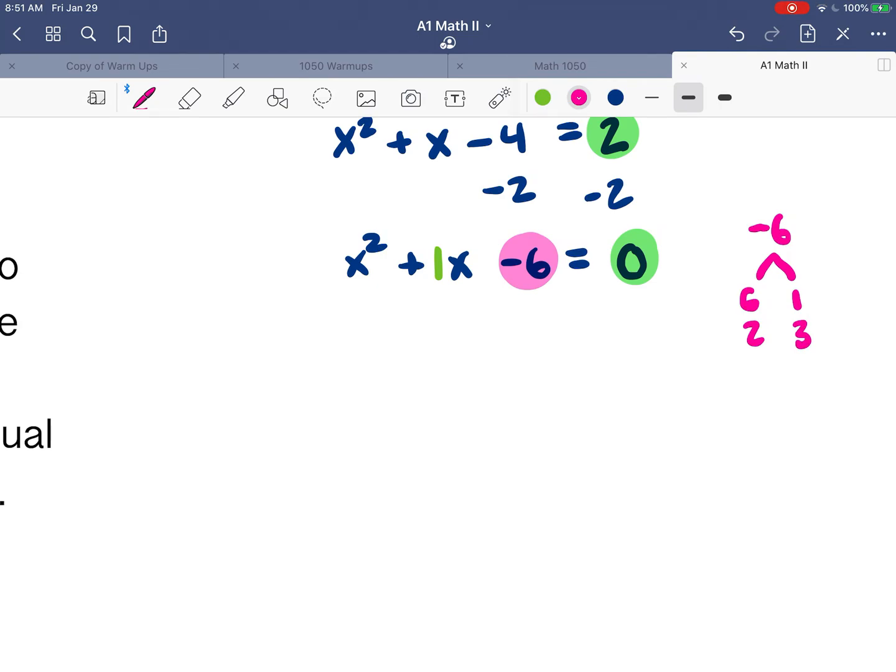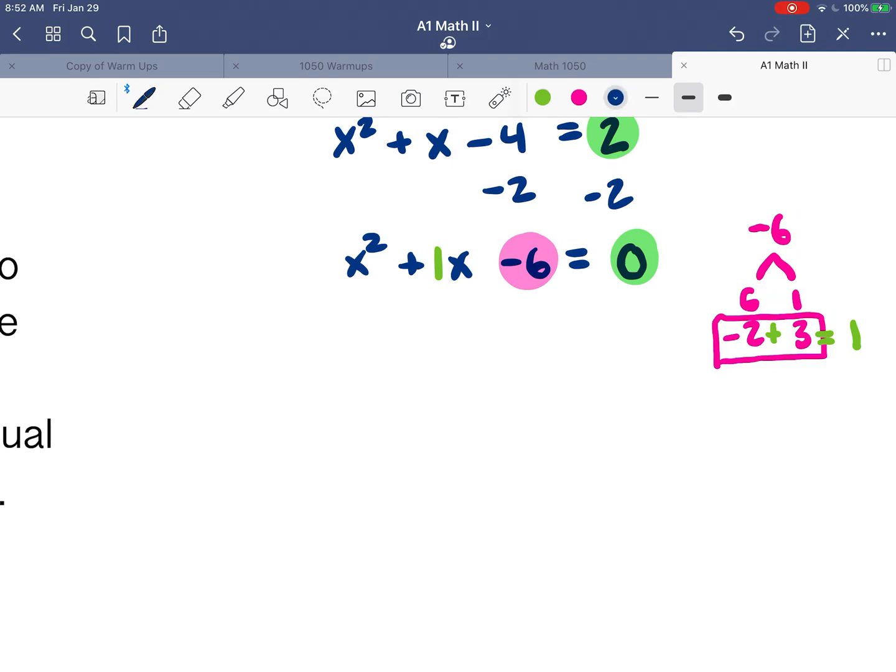Then after you have that, you look at these two things and ask which one could I make add to 1? I'm going to pick 2 and 3 because they seem the most likely. I also know that this 6 has to be negative, so one of those needs to be negative. So I'm going to make 2 negative, so that -2 times +3 makes -6 when we multiply them, but when we add them, that adds to be 1.